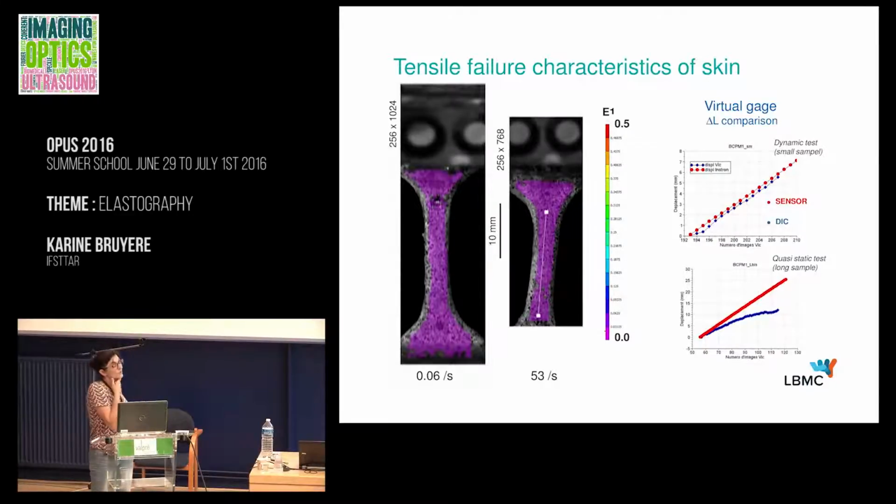And you've got the comparison of the displacement, the stretch of the samples, using in red the displacement from the sensor of the machine, and in blue the displacement we measure directly with the DIC. Depending on the geometry of the samples and the velocity of the loading, we can have a very large difference.